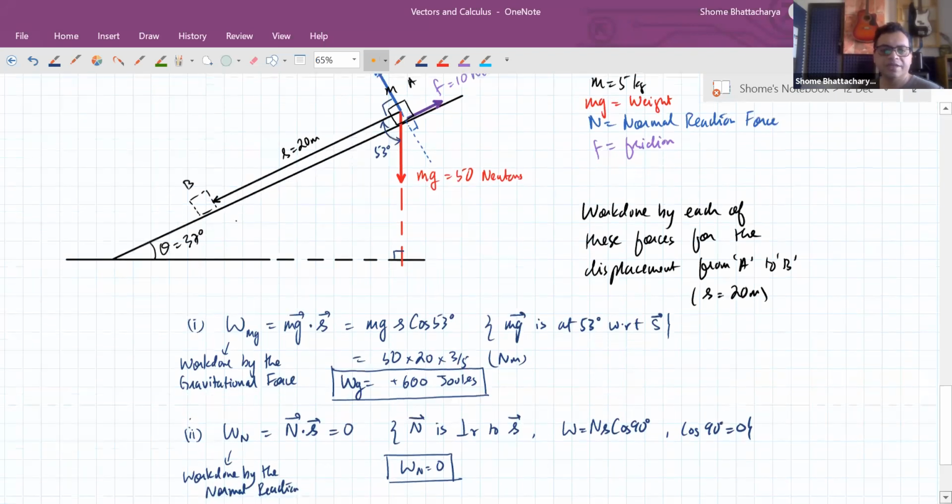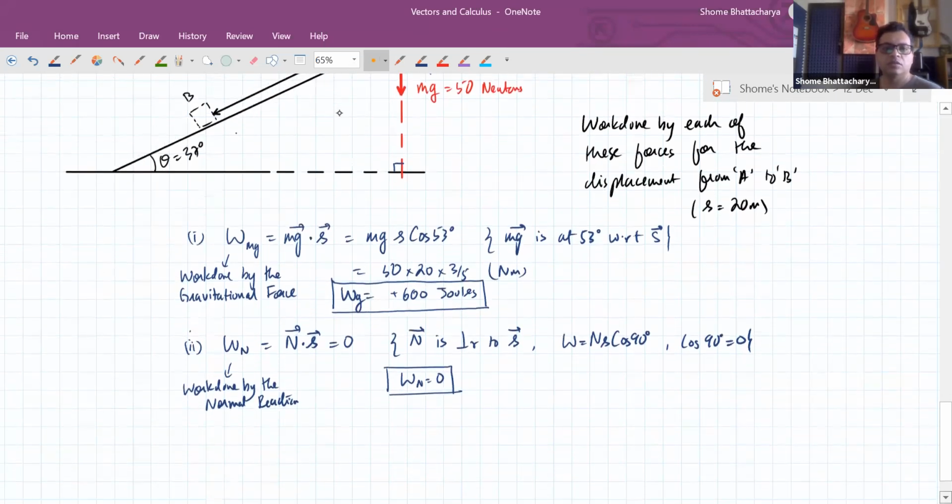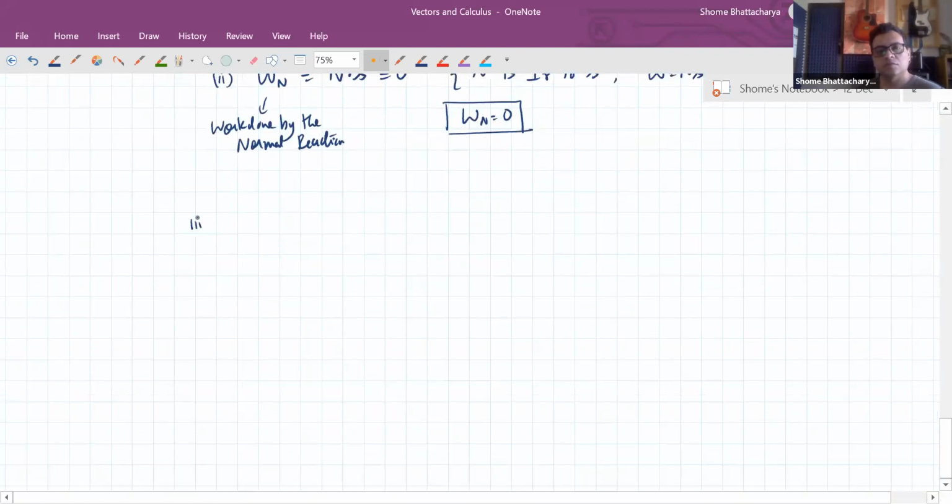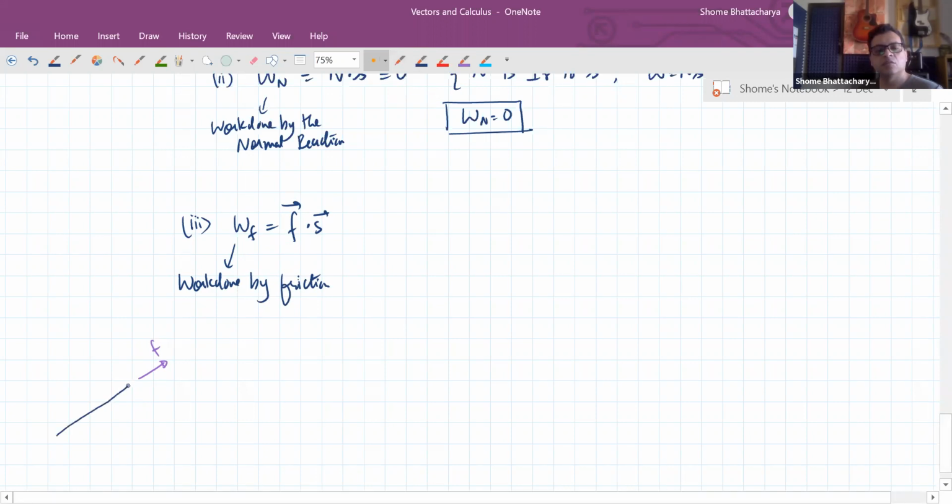So the work done will come out to be a negative quantity, and let's see how much it is calculated to be. So this quantity now, work done by friction, so we calculate the dot product of friction and displacement. As you saw in that diagram, friction was the force acting in the direction up the inclined plane, whereas the displacement of the block was happening in the direction opposite to that. It was happening in the direction down the inclined plane.